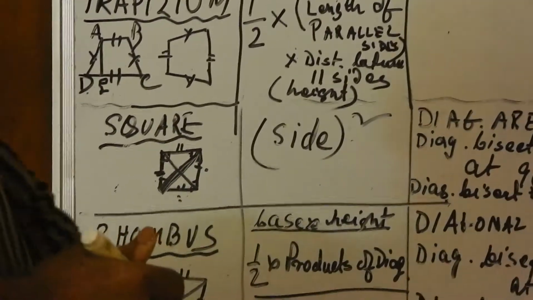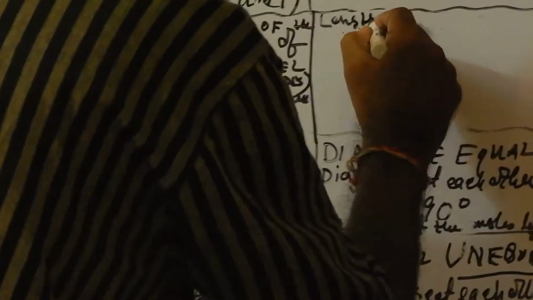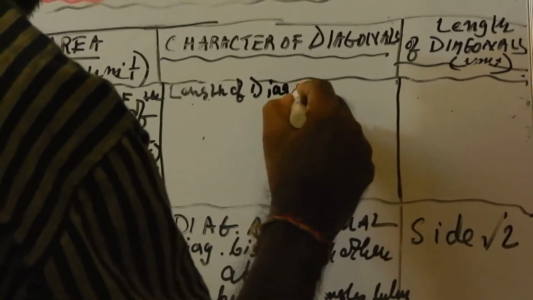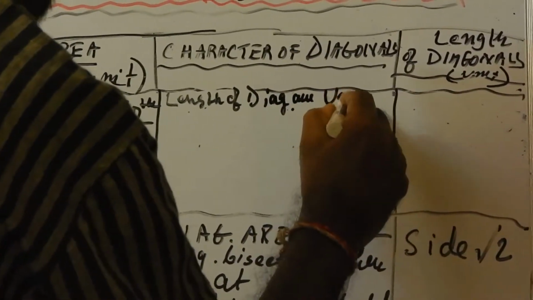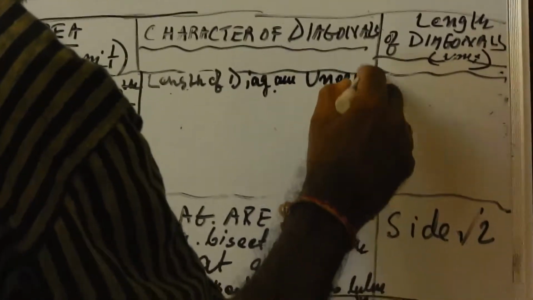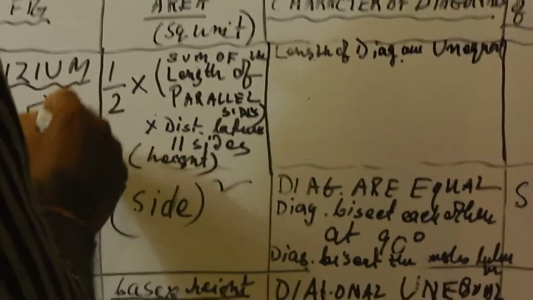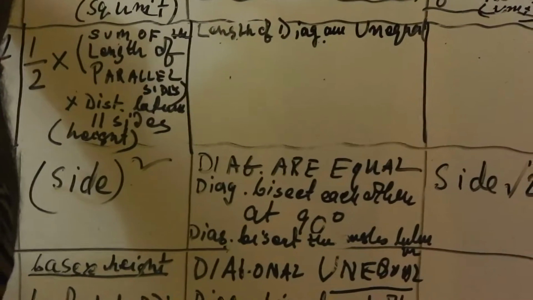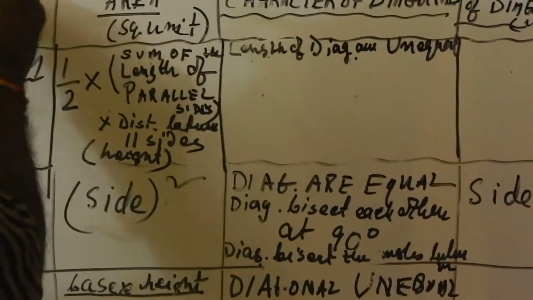So here normally the lengths of the diagonals are unequal, not equal, because as you know, it can be like that.